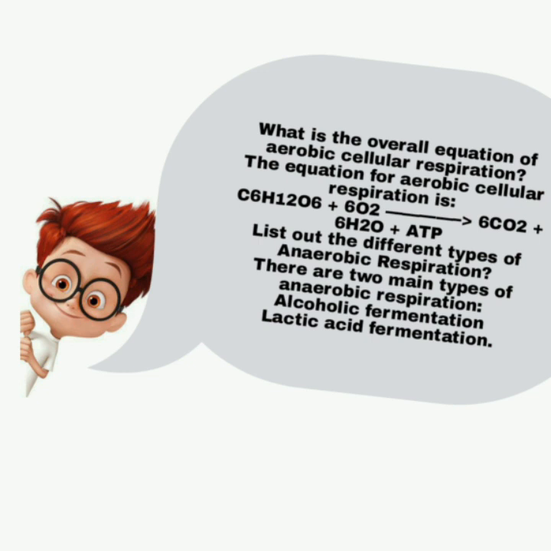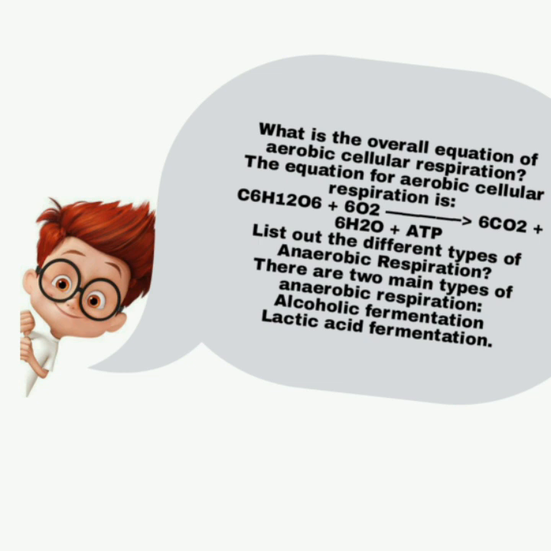It is C6H12O6 plus 6O2, which gives out 6CO2 plus 6H2O and ATP. That means lots of energy. How many types of anaerobic respiration are there? There are mainly two types of anaerobic respiration, alcoholic fermentation and lactic acid fermentation.